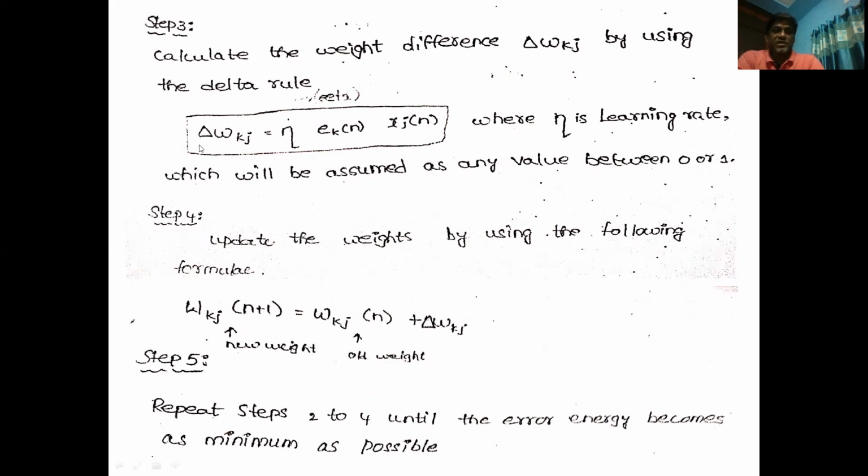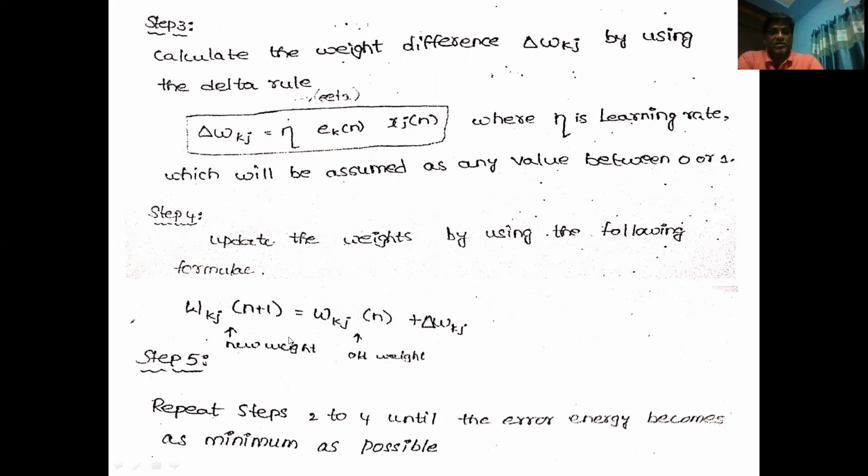The delta rule says that delta wkj is equal to eta into error term into xj of n, where eta is the learning rate, which will be assumed as any value between 0 and 1. And in step 4, we'll update the weights by using the formula wkj of n plus 1, that is the new weight, is calculated as the old weight wkj of n plus delta wkj, which is calculated using this formula.